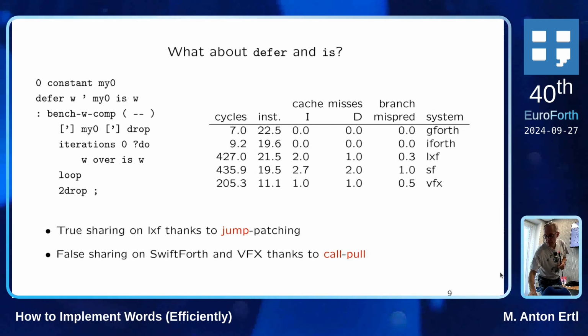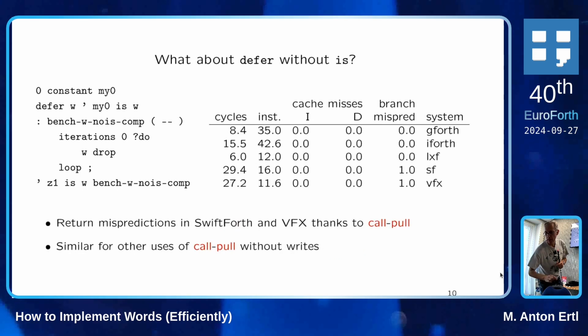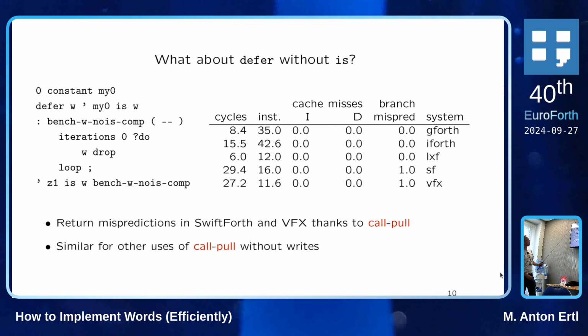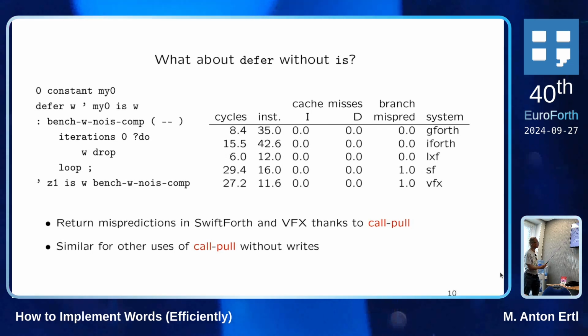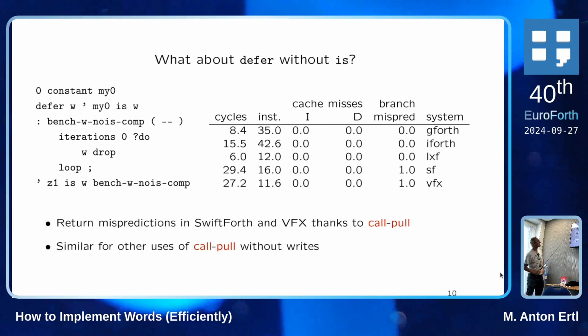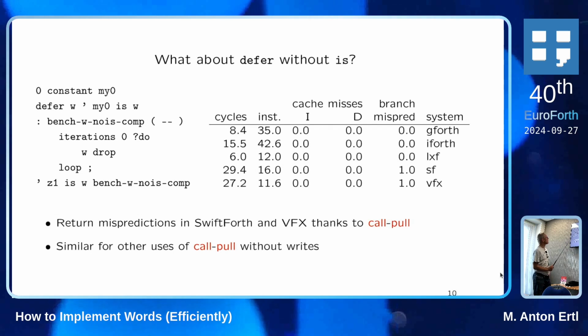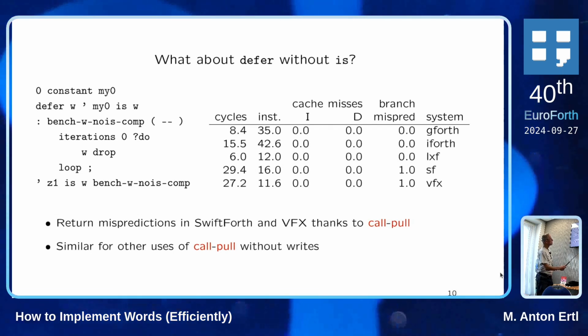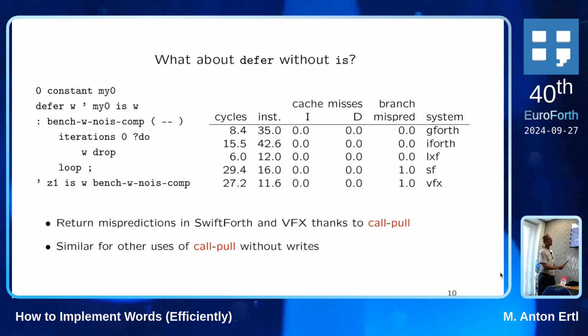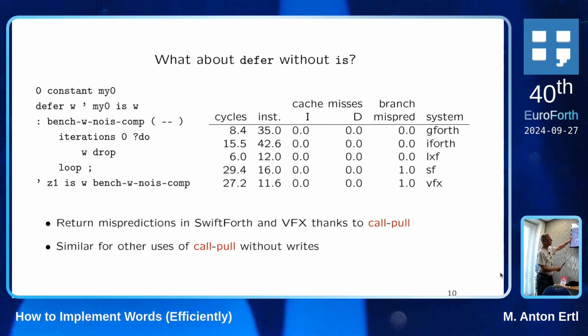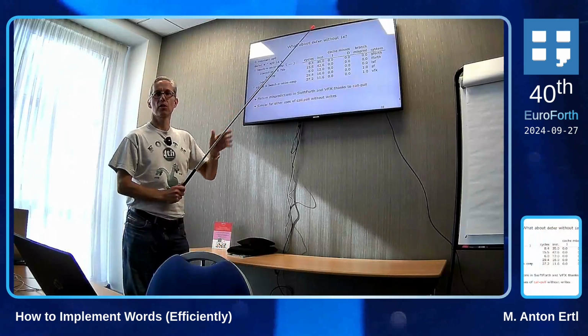So the next thing is what do we see when we do defer without is. And this is what we have here. We just call W, which is -0, a constant containing 0, and drop this 0. And here we see EuroForth and VFX, so we don't have I or D cache misses because we don't have any writes.